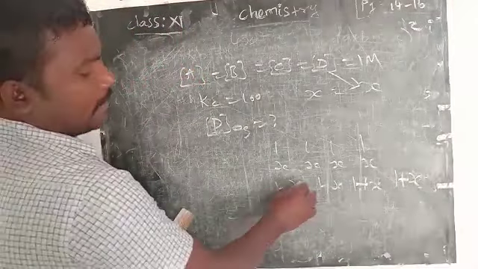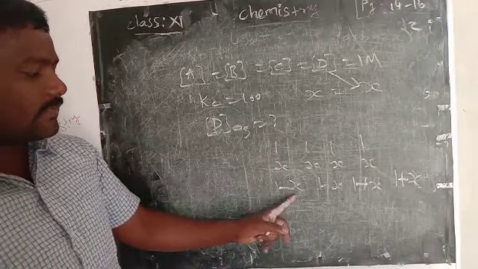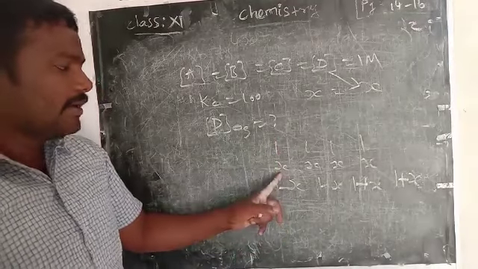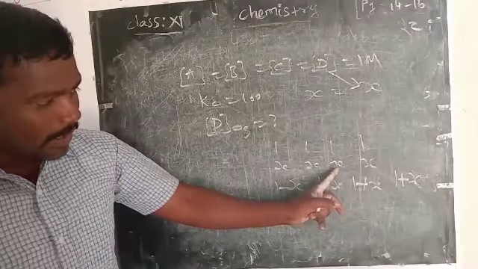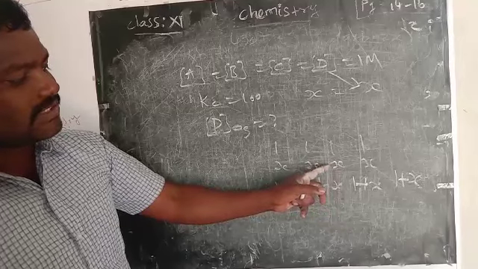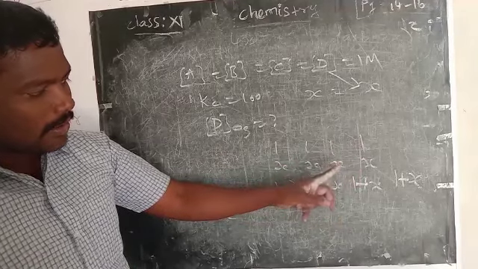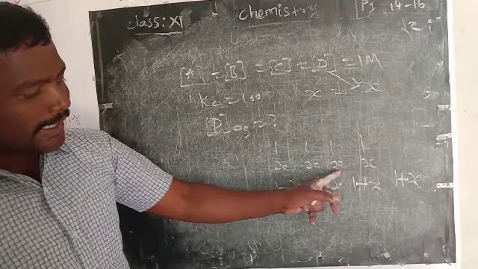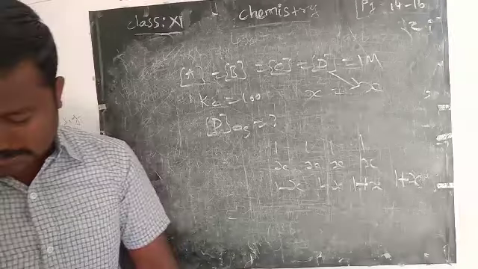The reactant side is 1 minus X. The product side already has 1 initially, and new product X amount is formed. So 1 plus X.